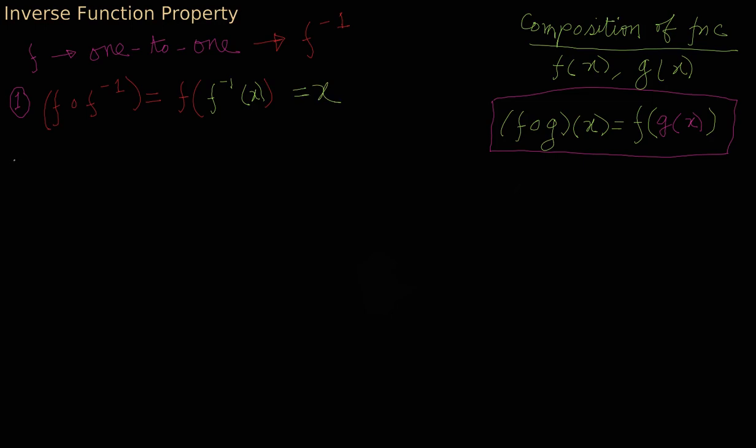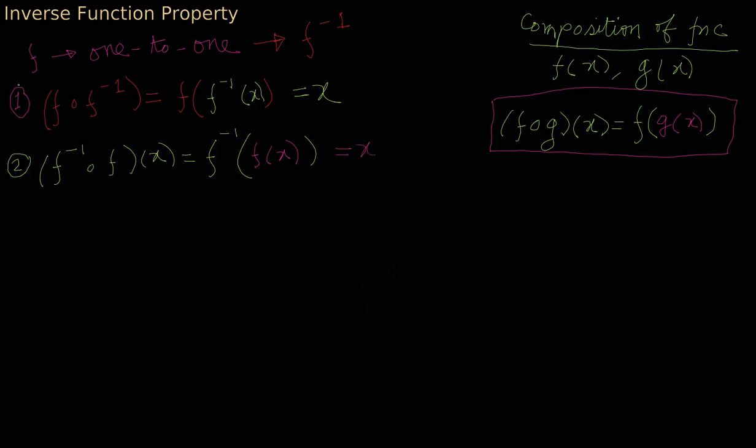And the second property is the composition of an inverse function with its parent function f, with argument x. This time the inverse function is on the outside, and inside is the original function of x, f⁻¹(f(x)), which is equal to x.